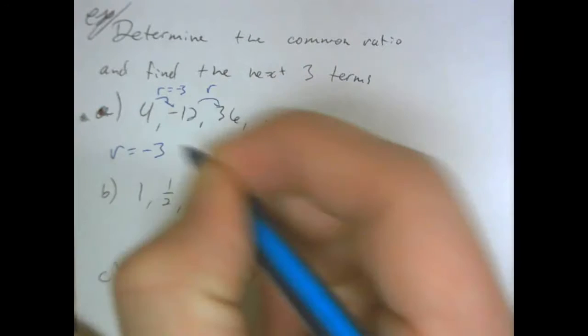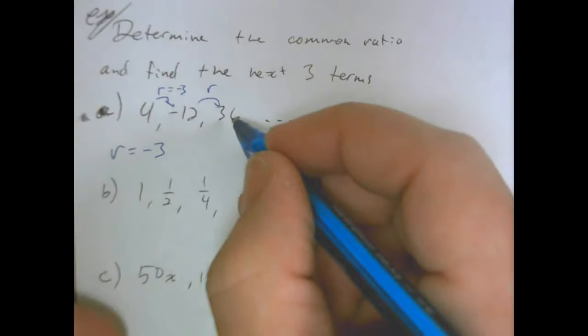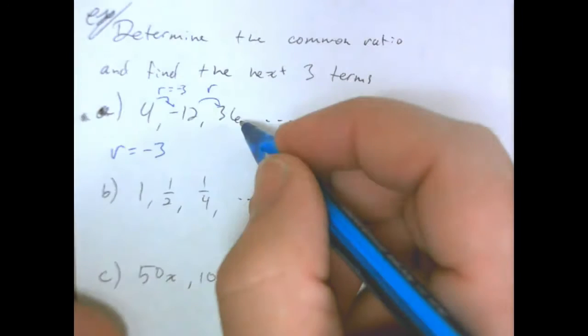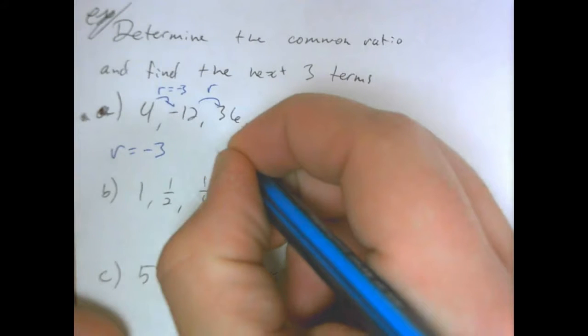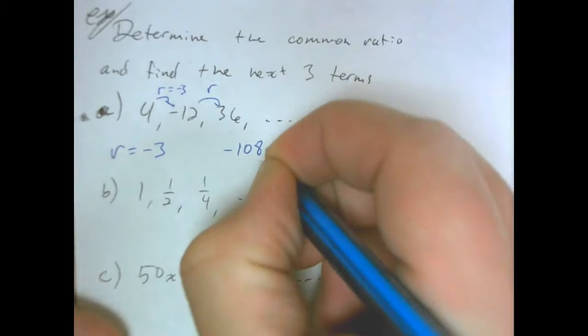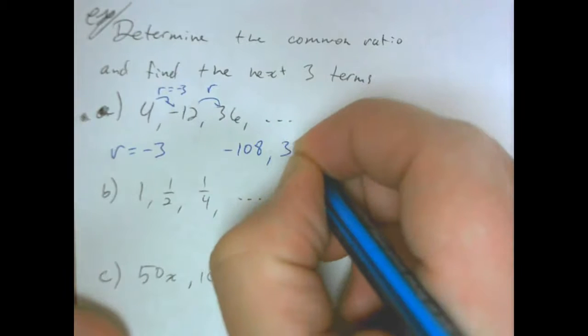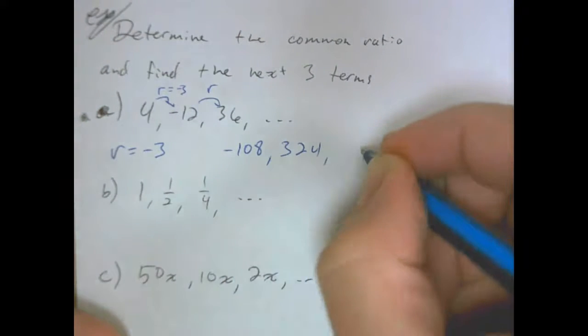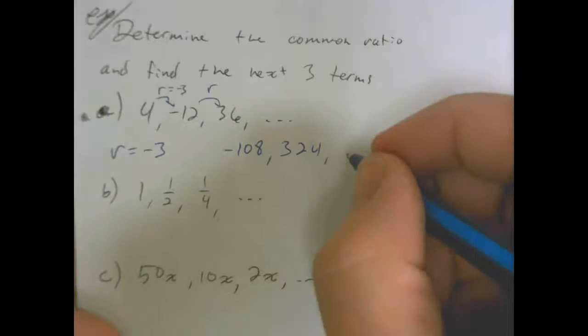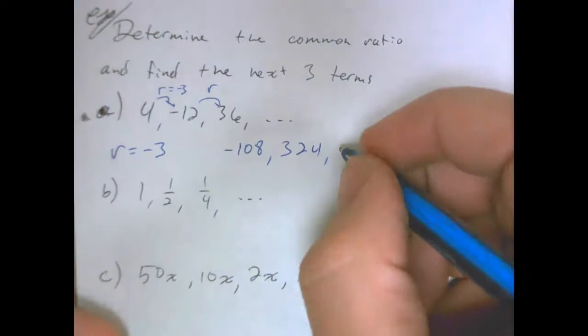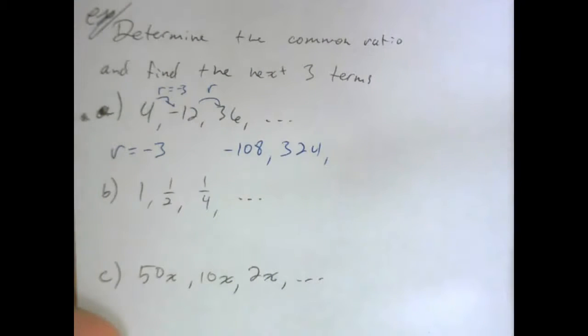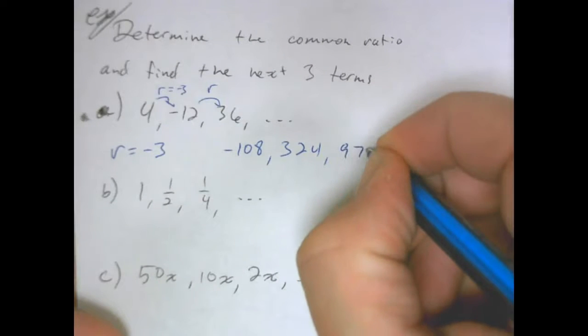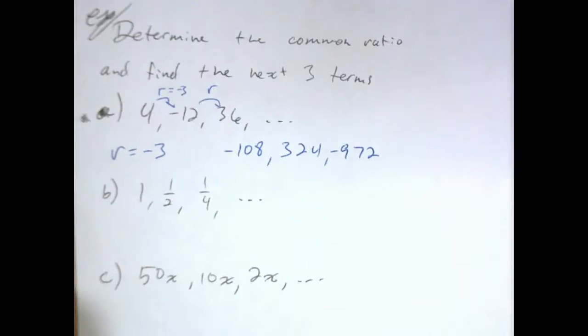So common ratio is negative 3, and if I continue to multiply by negative 3, 36 times 3 is 108, so I have negative 108. And then I have 324, and then 324 times 3 is 900 plus 72, so 972, but it will be negative.